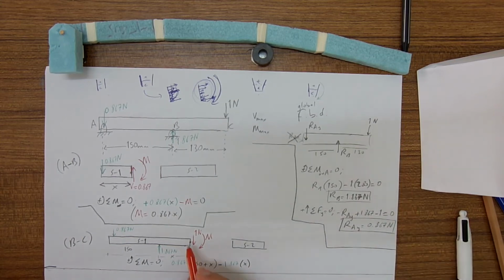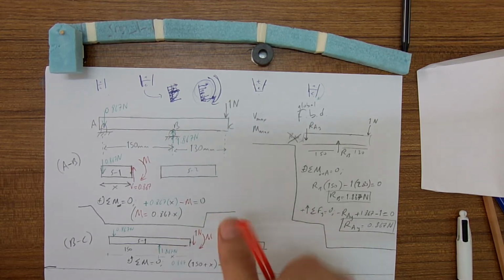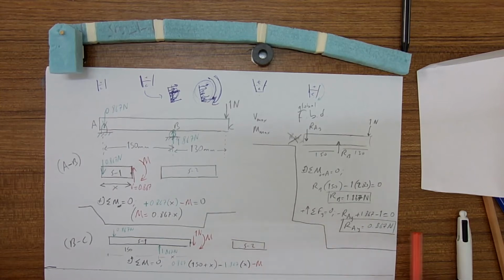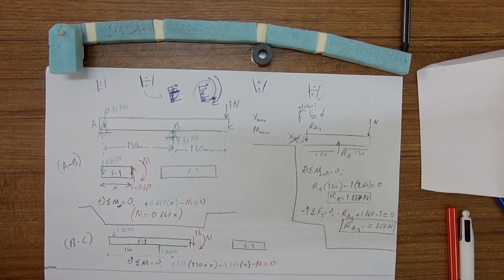What else? 1 Newton has got no effect on rotation. And M, moment, is in negative direction, 0.